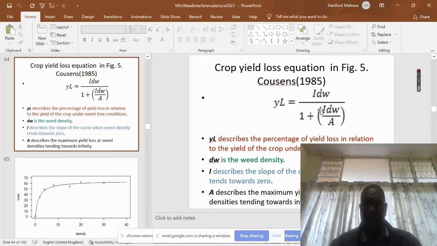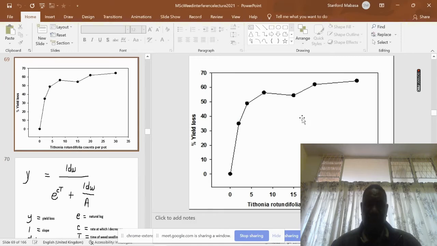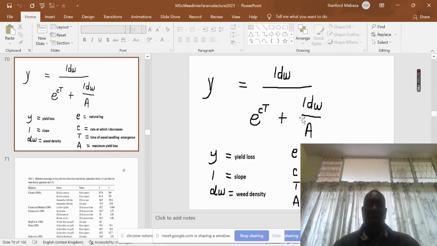So Cousins had to come and modify this equation. In fact, he only adjusted the 1 and substituted it with the natural logarithm. So Cousins had to remove 1 from the equation and put e, the natural logarithm base, raised to the power of c, which is a constant.